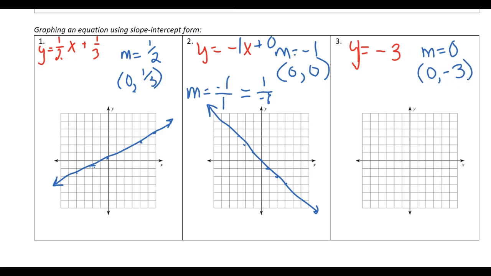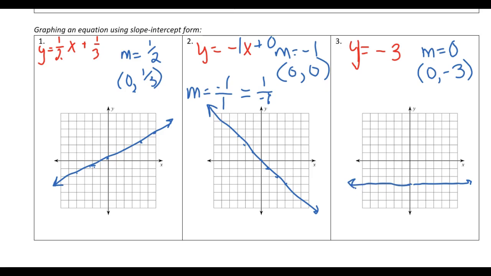So I'm going to start by graphing 0, -3. It's going to disappear, but I'm going to redraw it. Okay, and then my slope is 0. So if you remember our slope being 0, that was our horizontal line. So from there, I'm going to draw a horizontal line on -3.